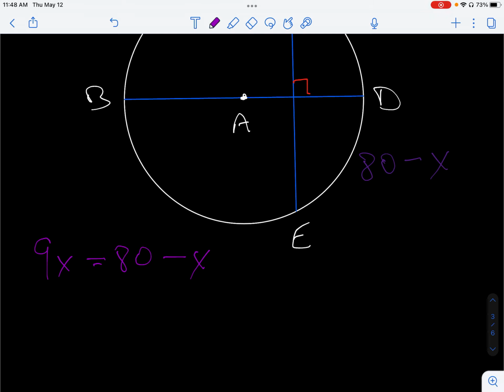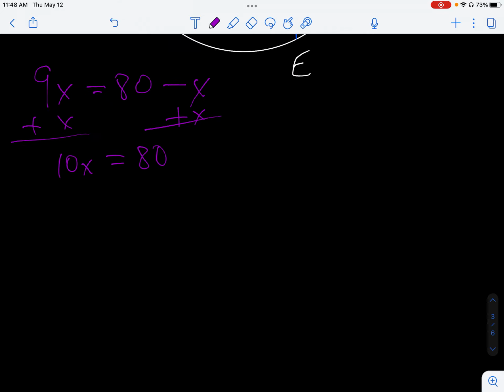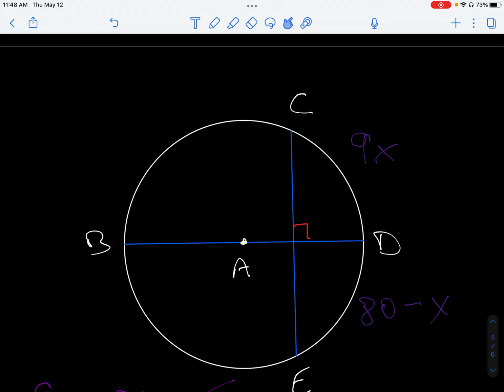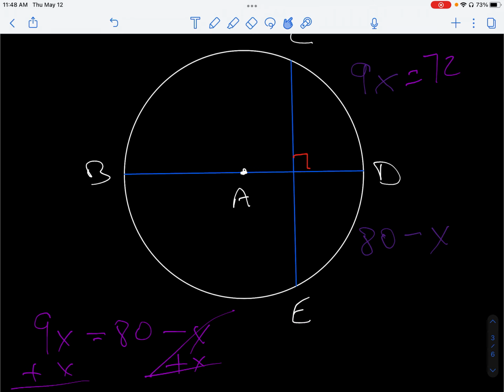Add x to both sides. 80 because that cancels. So x equals 8. We come up here, 9 times 8 equals 72. And 80 minus 8 equals 72.